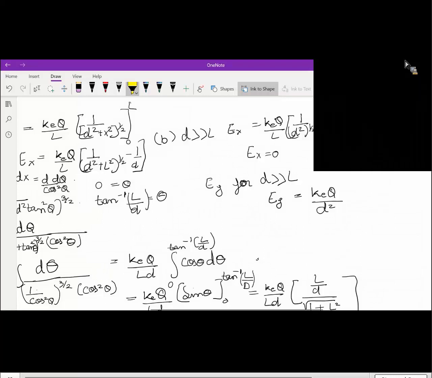So let's see whether these results make sense. You don't have to do the mathematics to get these results, okay? Physics will tell you.